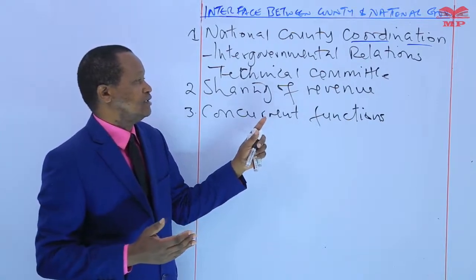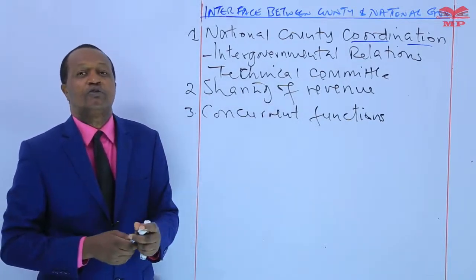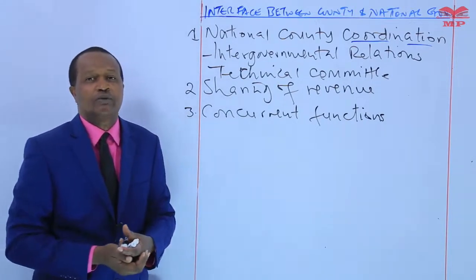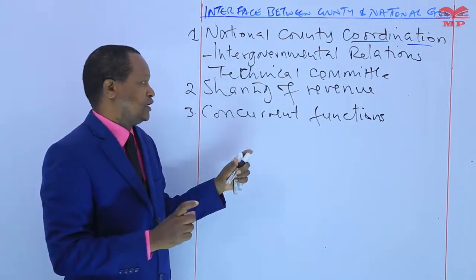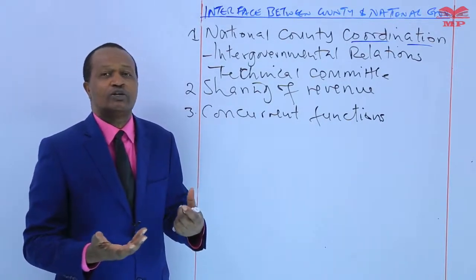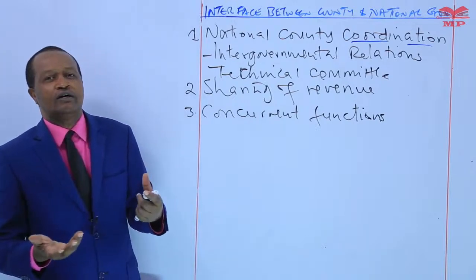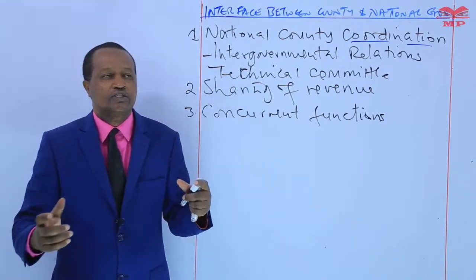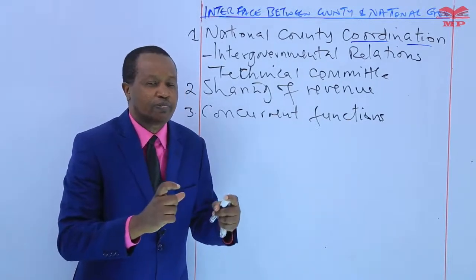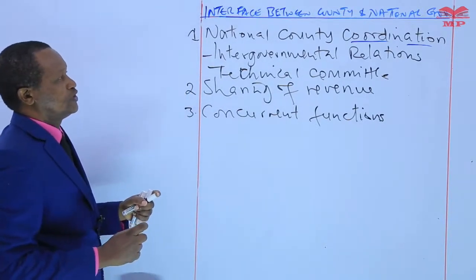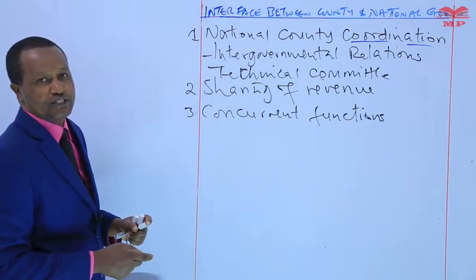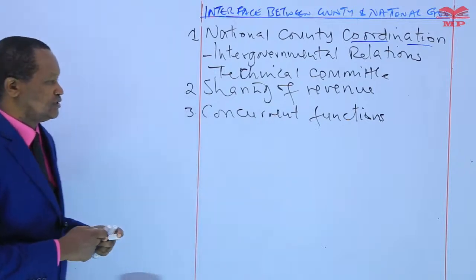That means the national government performs the same functions as the county government. And if they are shared, then there is need for coordination between the two levels of government. So that is another mechanism for interface between the national government and county governments.